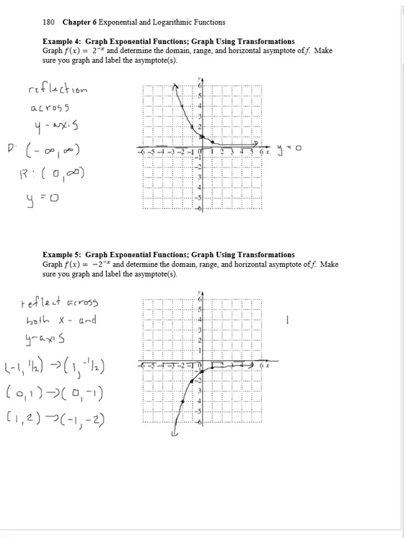So as you can see, the domain is still -infinity to infinity. The range this time is -infinity to 0, and we still have a horizontal asymptote at y equals 0.